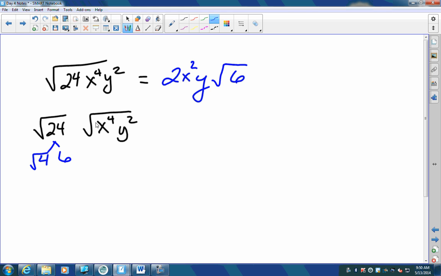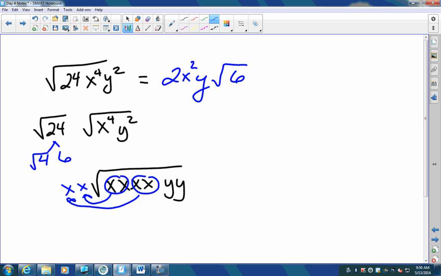The way I'm getting that is, if you don't see the dividing by 2, x to the 4th means I have 4 x's and I have 2 y's. How many pairs do I have? 2 x's pull out, 2 x's pull out, so that's where my x squared comes from. My set of y's comes out, and that's a 1y.